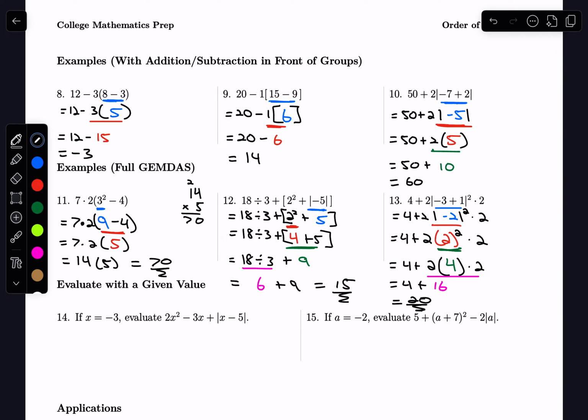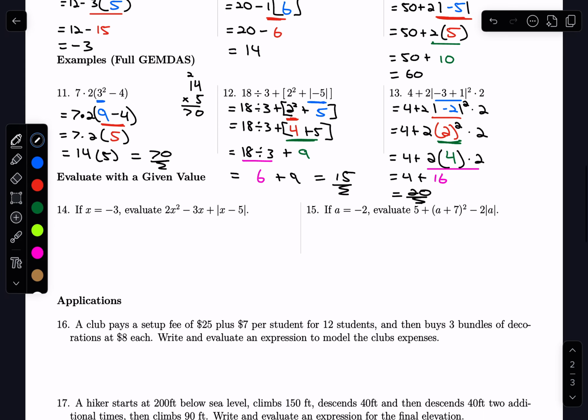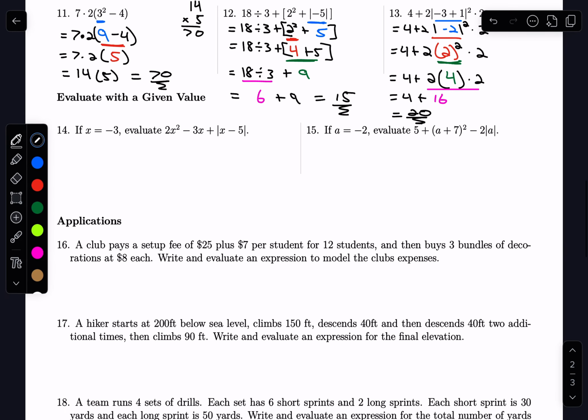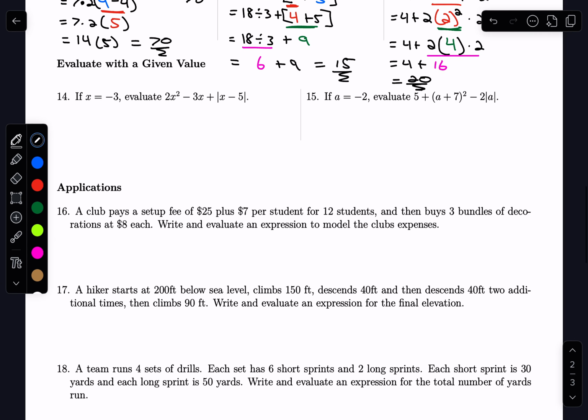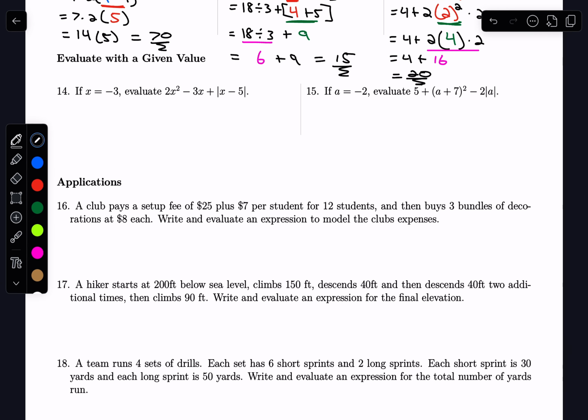All right, now let's do the same stuff, but now we're going to evaluate for a given variable. So number 14 says, if x equals -3, evaluate 2x squared minus 3x plus the absolute value, x minus 5. First thing we're going to do is just take this -3 and replace it for all of these x's in the problem.